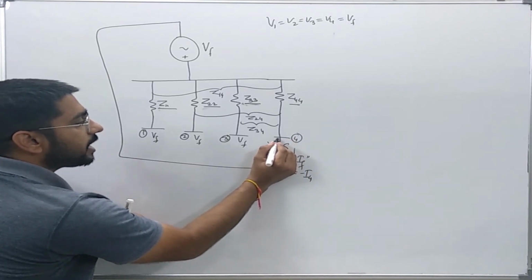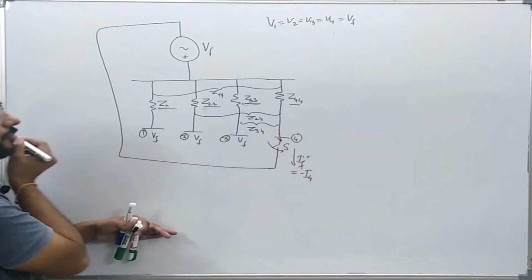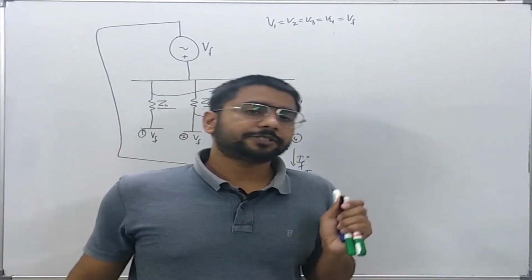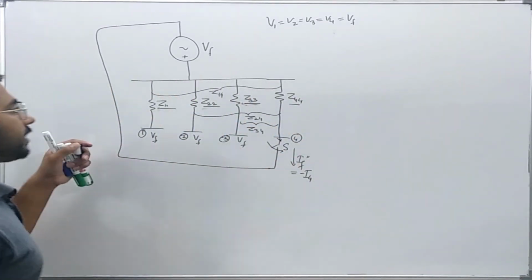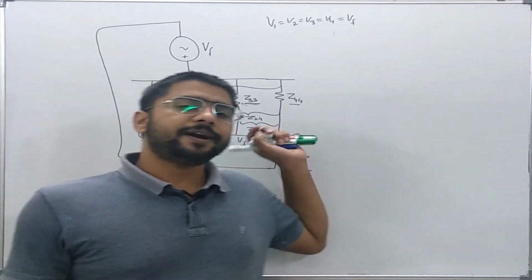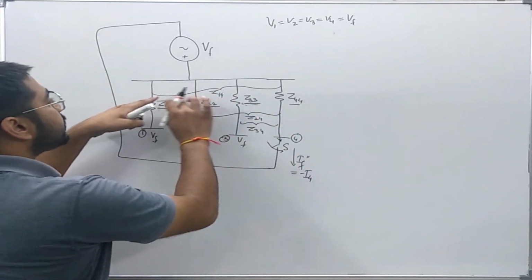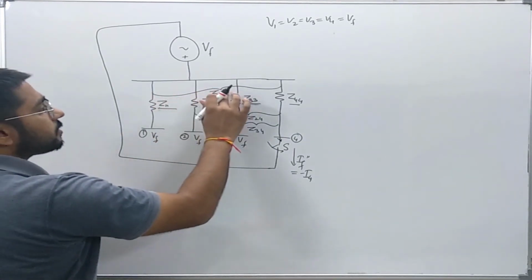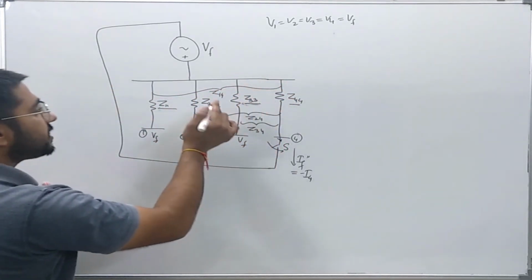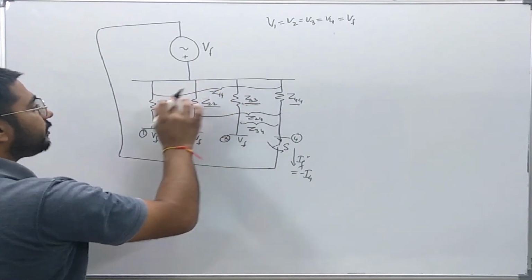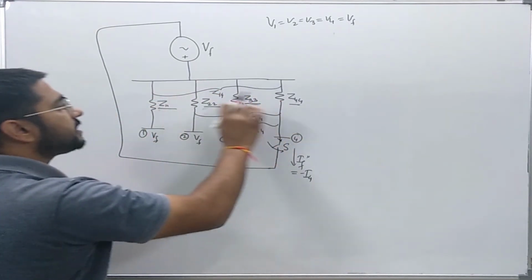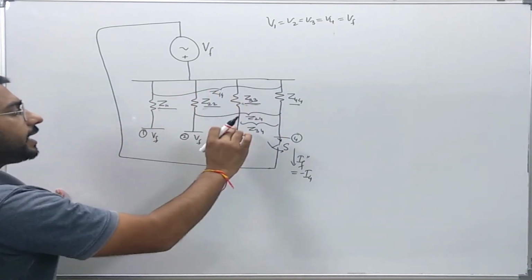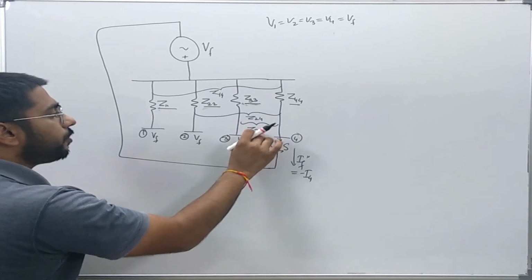That is, it is going away from bus number 4, and then it will represent the faulted power system. Now I have tried to show the transfer impedances also by using these curly brackets. The first, larger curly bracket represents the transfer impedance between bus number 1 and bus number 4, represented by Z14. Similarly, this represents Z24 and this represents Z34.